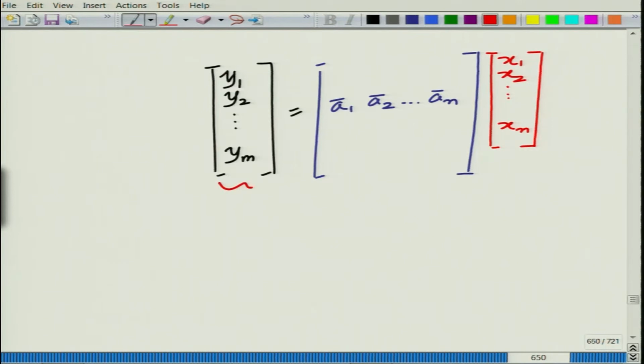So, this is essentially your vector y bar, this is your matrix A, and this is the vector x bar, and this is your m cross n matrix.